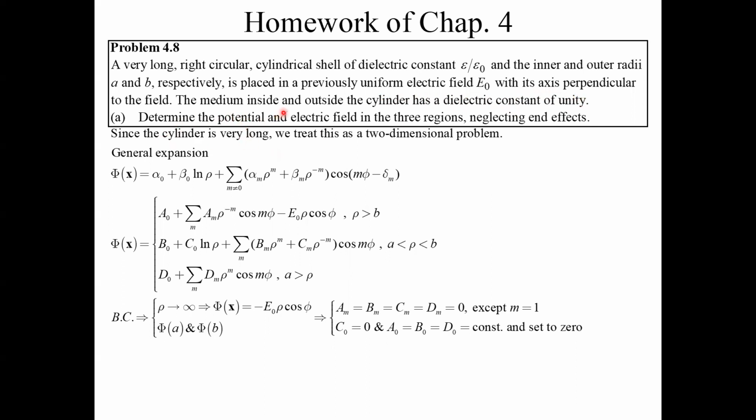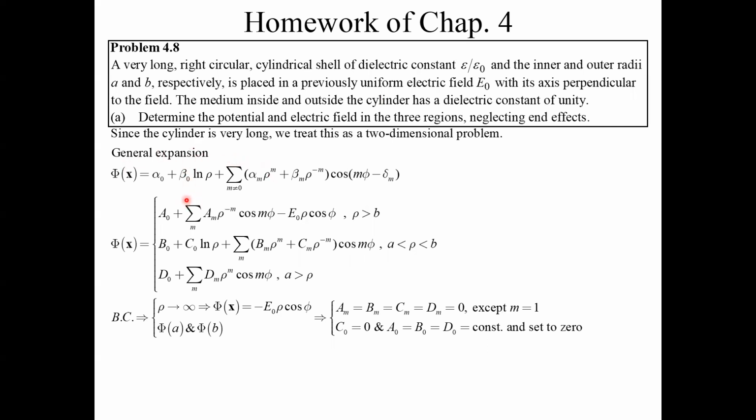The medium inside and outside the cylinder has a dielectric constant of unity. Part A: determine the potential and electric field in the three regions, neglecting end effects. So first, we just do a general expansion in cylindrical coordinates.